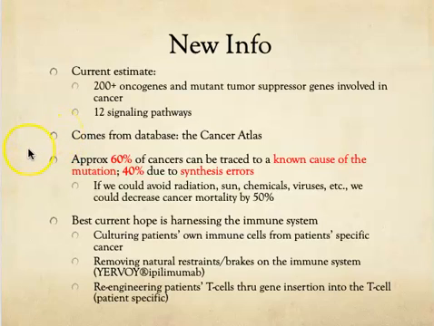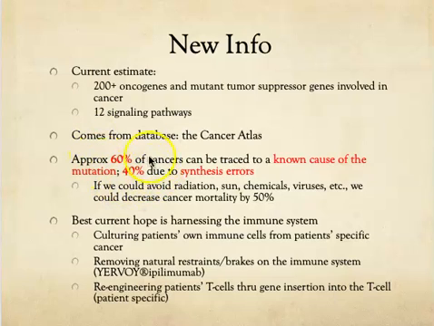As this and other databases grow, we're learning that upwards of about 60% of cancers are traced back to some kind of an abnormal exposure, some kind of an exposure to a carcinogen, or some other lifestyle factor that is causing epigenetic changes.